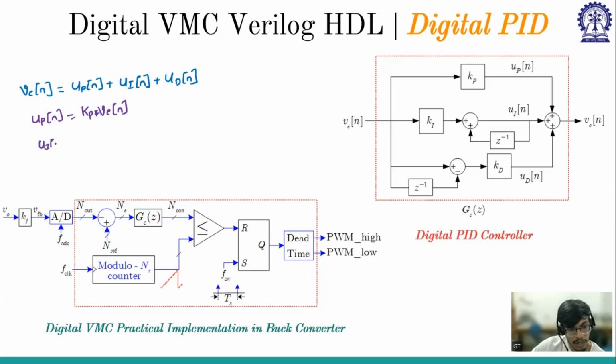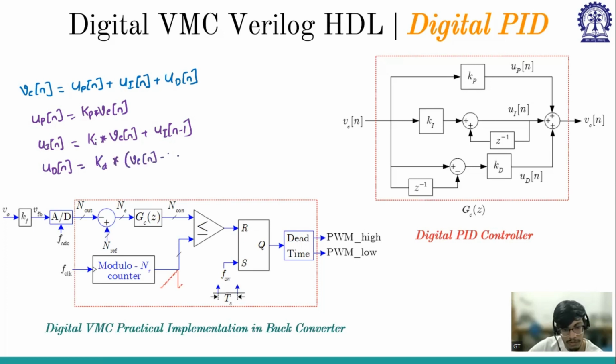UI of n is an iterative addition: Ki star VE of n plus UI of n minus 1. This is an iterative addition and it will keep on adding up. And UD of n is Kd into VE of n minus VE of n minus 1. So this is the logic.